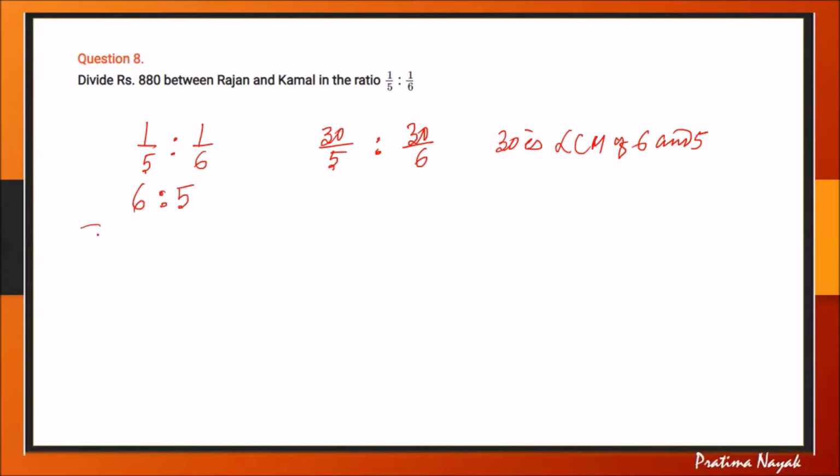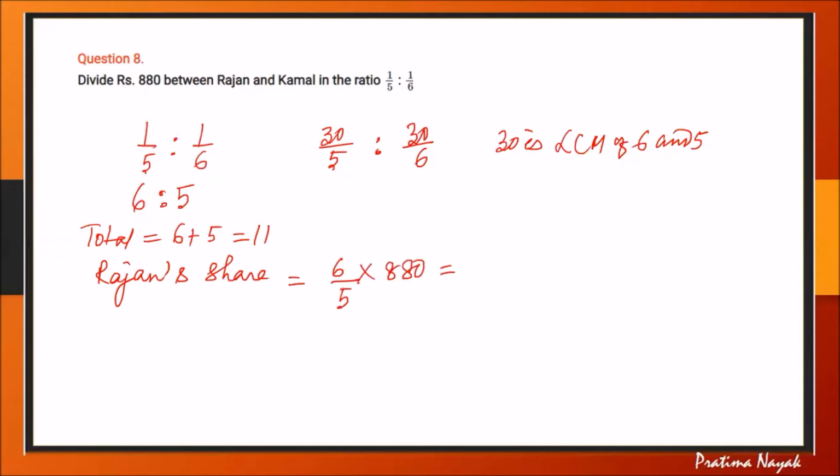Then what is the total amount? Total is equal to 6 plus 5, that will be 11. So how much will Rajan get? Rajan's share is equal to 6 by 11 multiplied by 880.